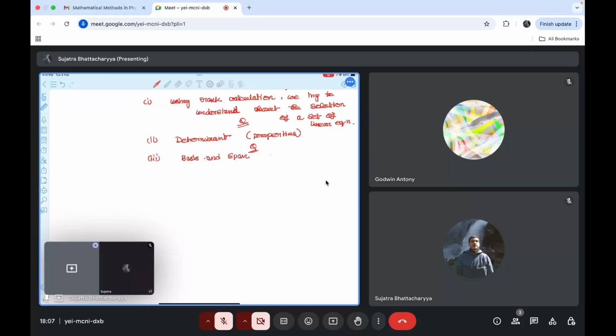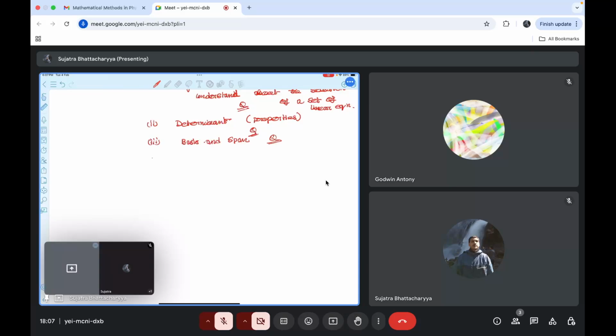About this, one question is there to understand the concepts, and then we will go towards subspaces and other concepts like some operators. So these are the basic things which we will be talking about today.